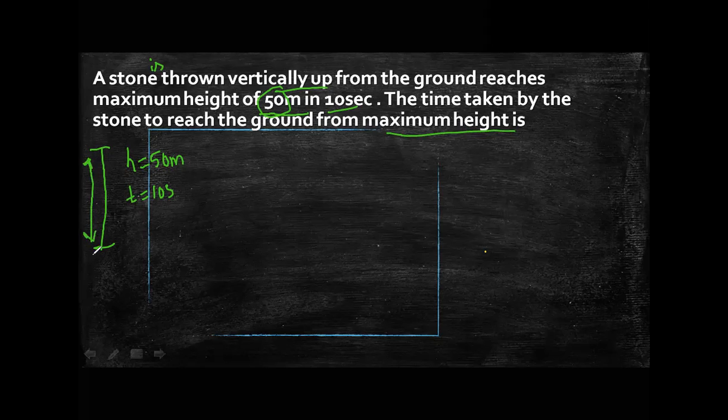They gave the time from the ground to the maximum height, and they are asking the time from the maximum height to the bottom ground. So T1 is this, T2 is this. From the ground to the maximum height, they gave 10 seconds.